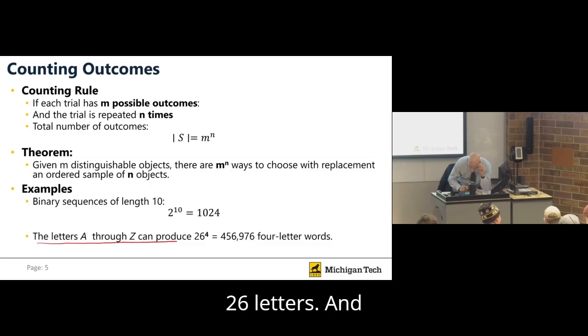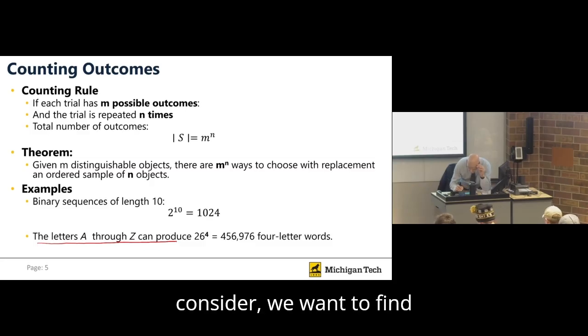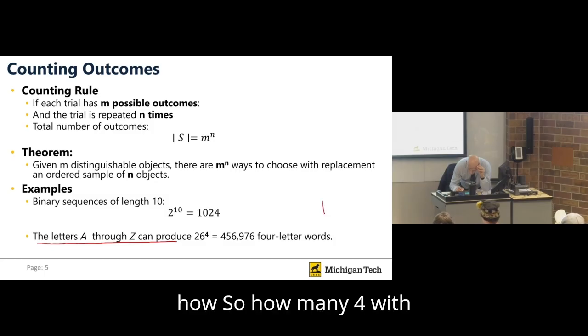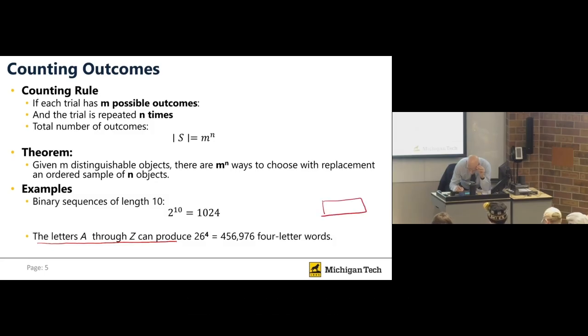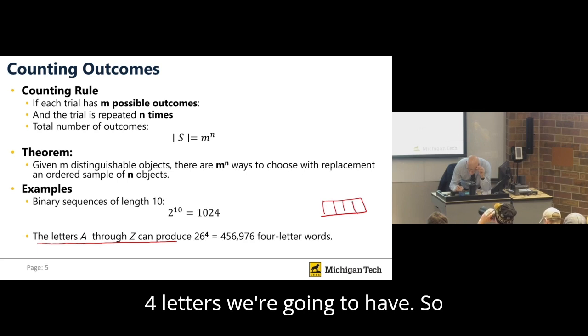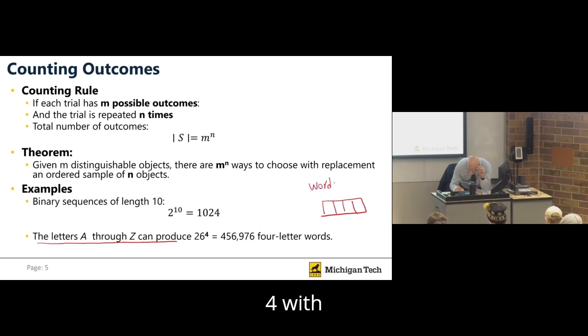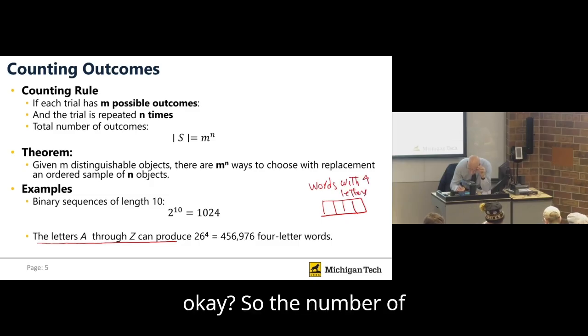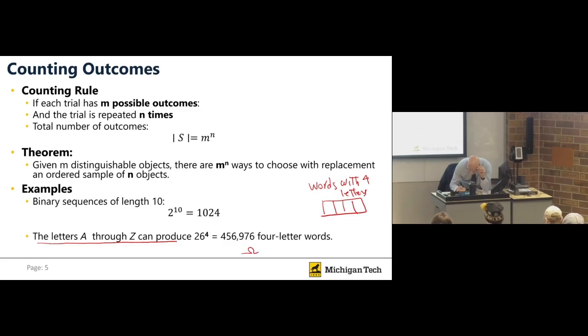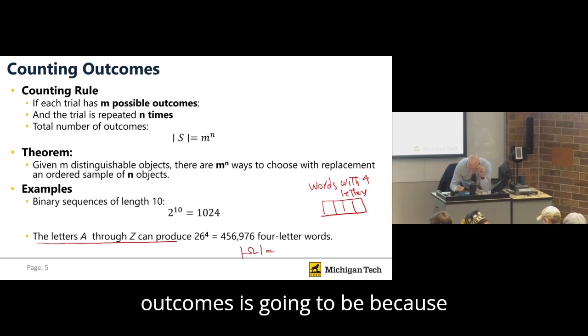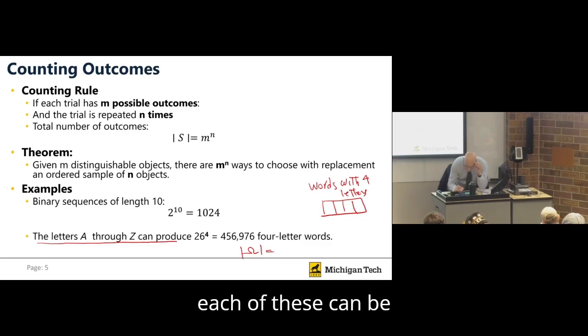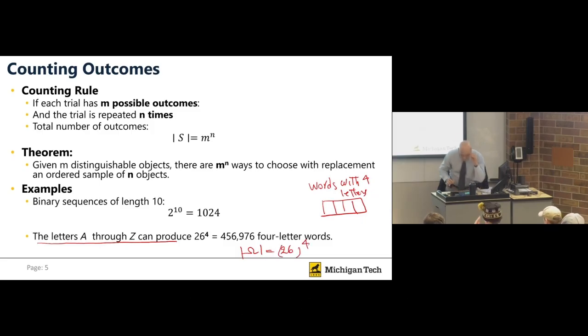Consider we want to find how many words with 4 letters we're going to have. So for a word with 4 letters, the number of outcomes is going to be, because each of these can be 26 and we have 4, 26 to the power 4. Okay, that was another example.